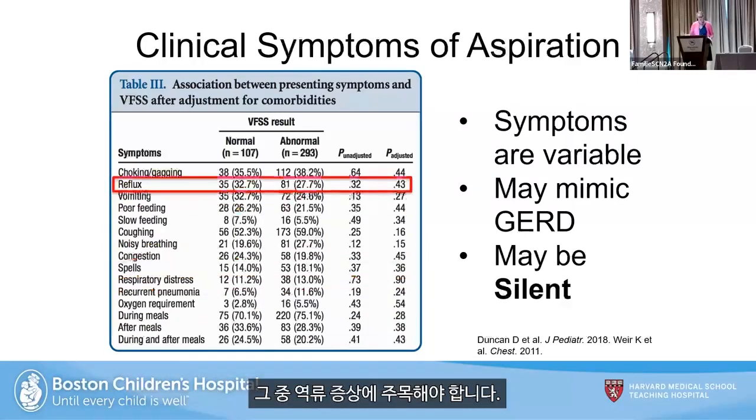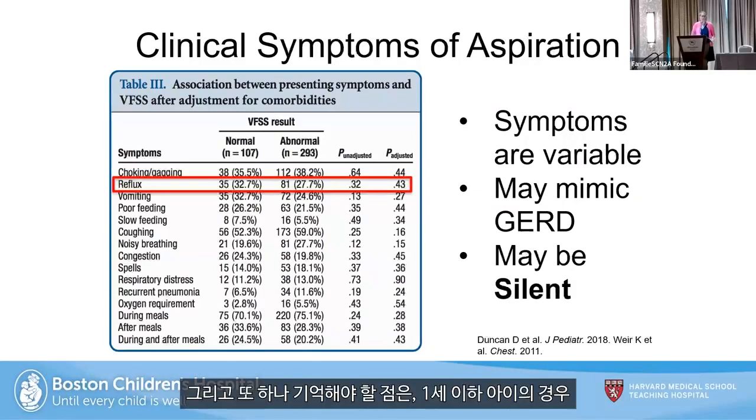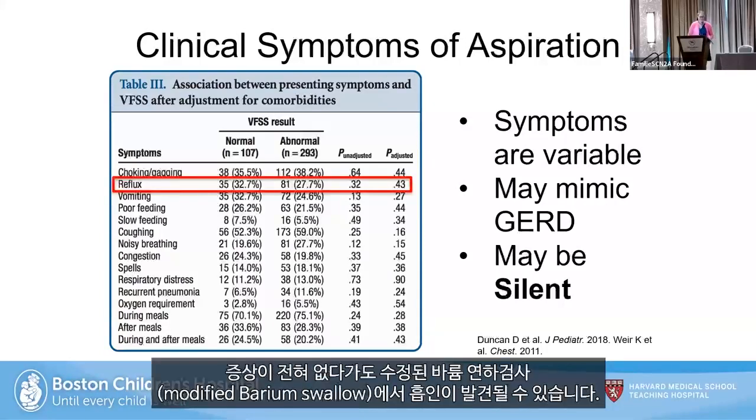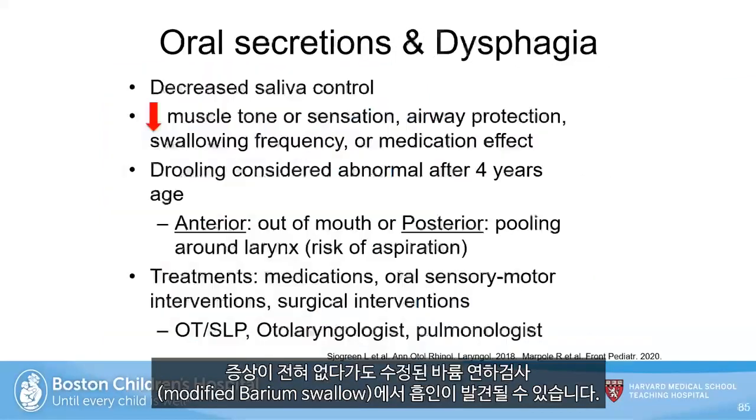But one of the messages for you is that just the symptom of parents saying they had reflux was also there and may mimic symptoms of aspiration, especially in kids under the age of 2. And one other point to remember is that kids under the age of 1 may actually have no symptoms at all and be found to have aspiration on their modified barium swallow.